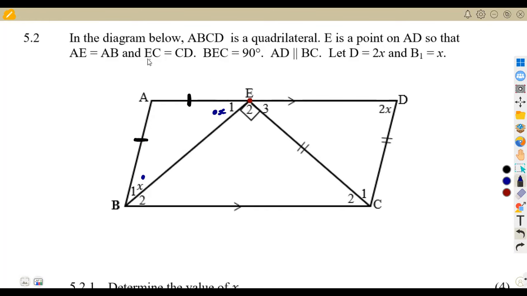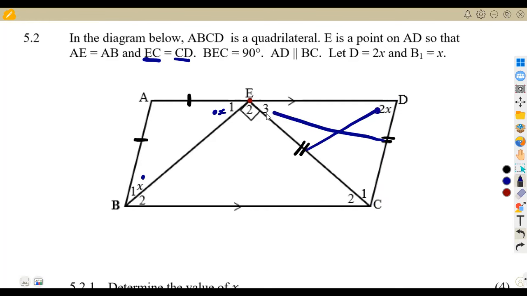It is the same thing also from EC and CD. The side EC and the side CD, these two sides are equal, as you can see from the indication here. So it follows that the opposite angles must be equal.